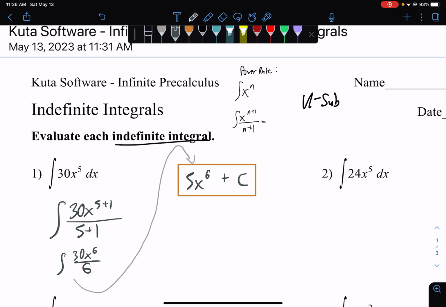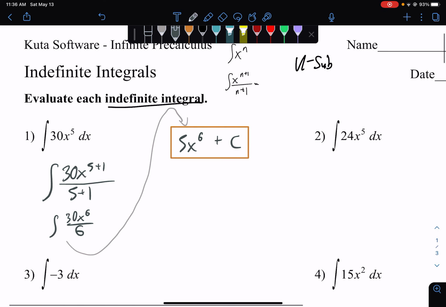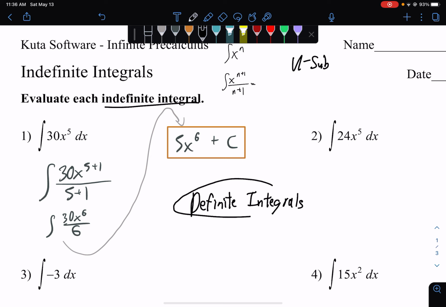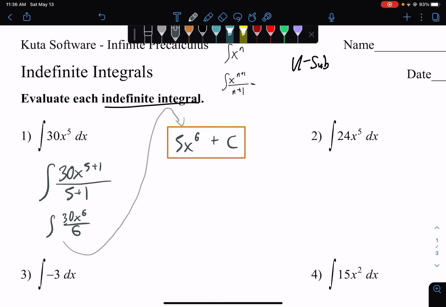I'm not sure exactly why we have to place plus C every time, but it's always important to place a plus C, unless you're evaluating what we call definite integrals. In that case, you'll get a number as an answer, an actual integer, instead of an expression like this. Therefore, you don't need to put plus C.